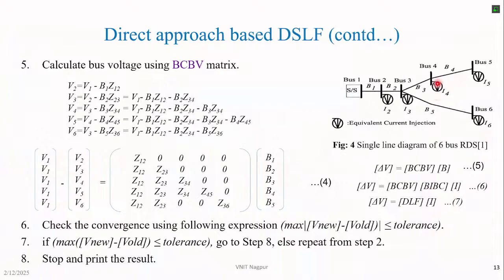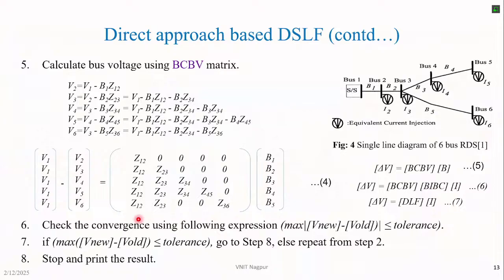Similarly, if we calculate the voltage for V4 with respect to V1, at that time we have the impedance Z12 plus Z23 plus Z34. Similarly, if we calculate the voltage drop between V1 and V5 in terms of the matrix, then we have these 4 impedances to consider, and the same is shown in the 4th row of this equation number 4.